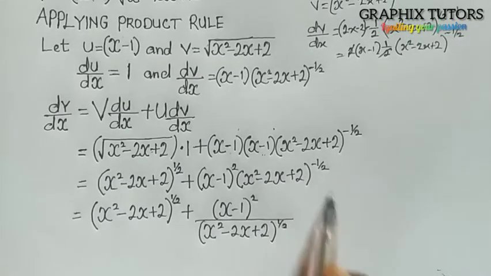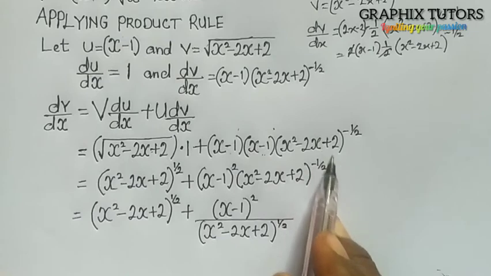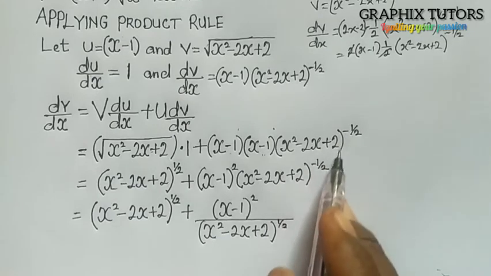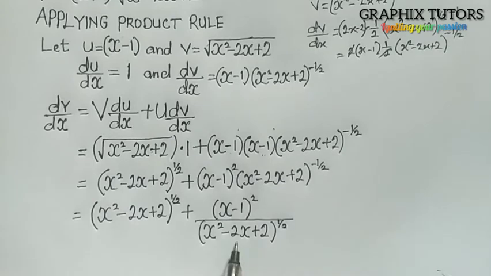This is when two things are multiplying each other. If one of them is coming down, the power will attract a negative sign. If it's negative, the power will become positive. If it's positive, the power will become negative. But in this case, the power here is negative, that's why it's becoming positive.